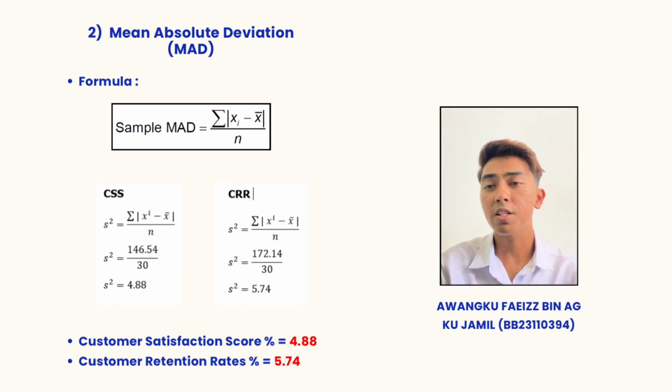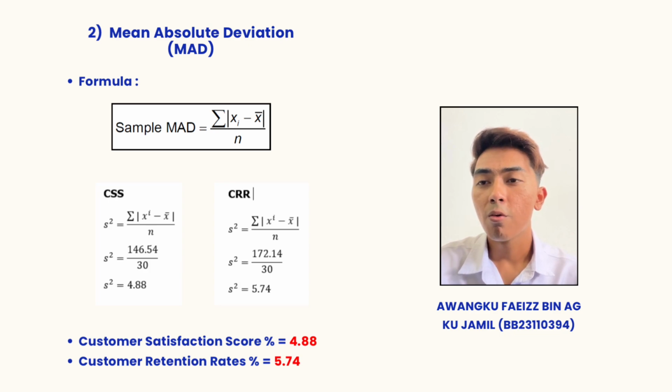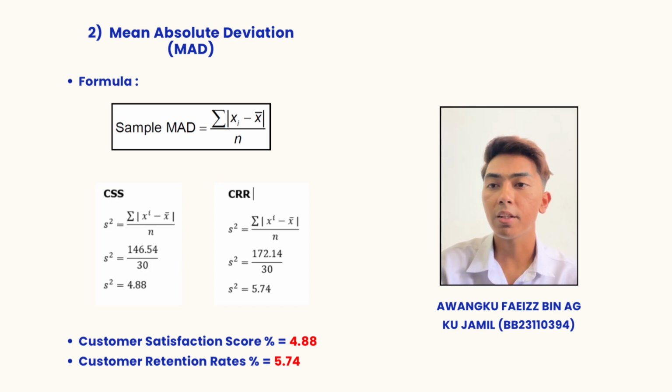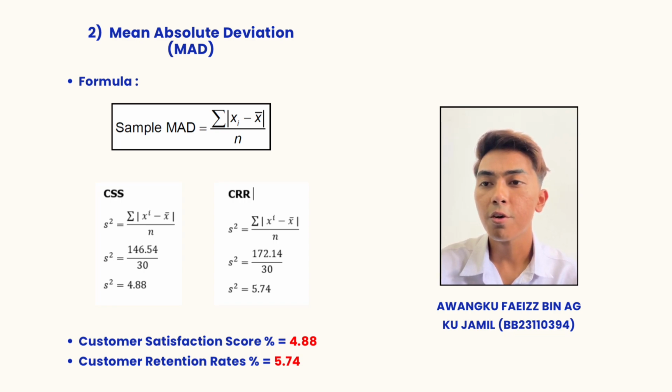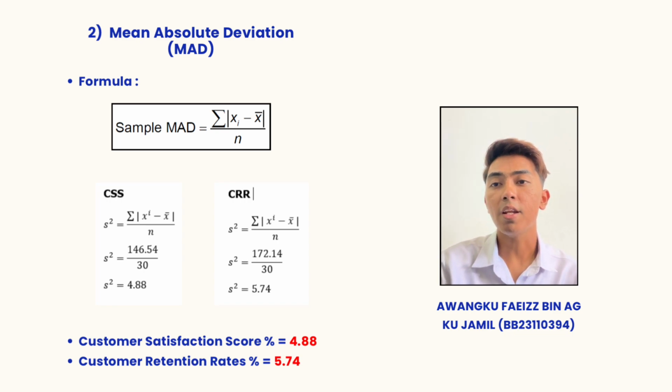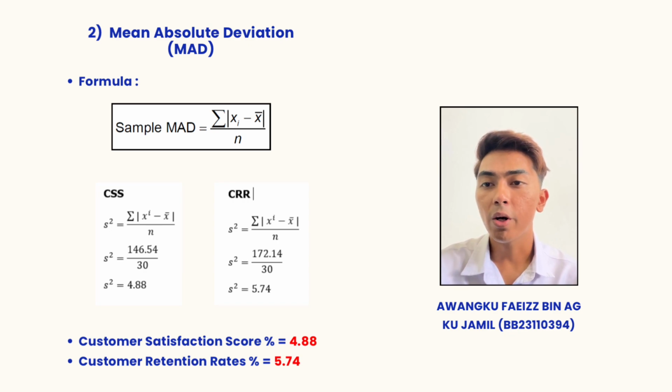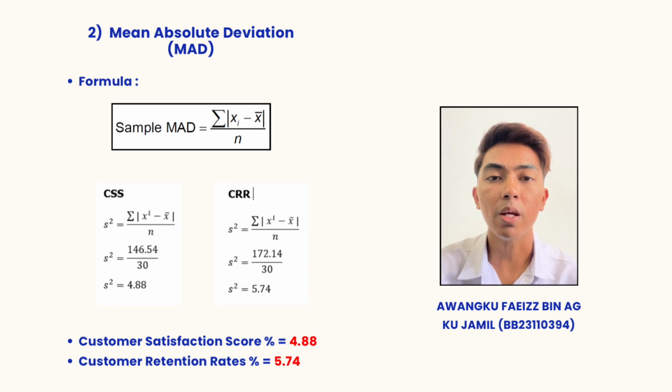For the customer satisfaction score, 146.54 divided by 30 equals 5.88, and for the customer retention rate, 172.14 divided by 30 equals 5.74. So that's all for the MAD.